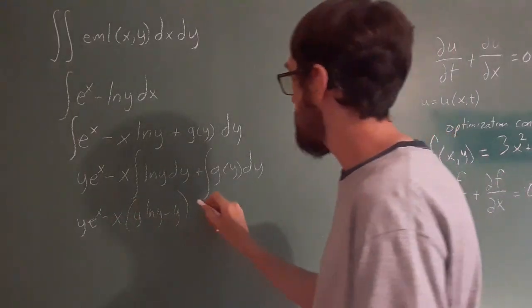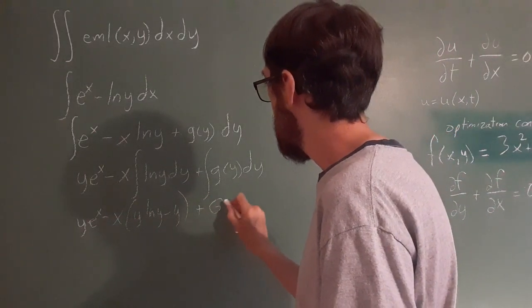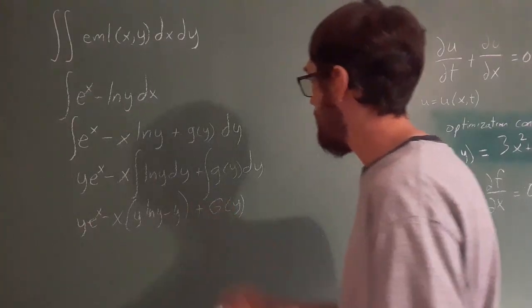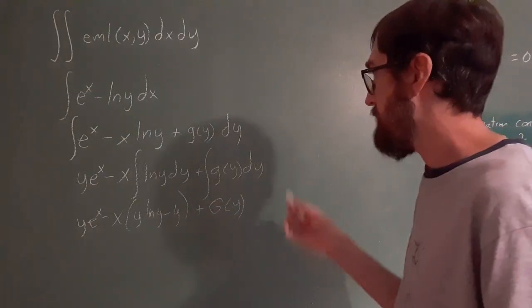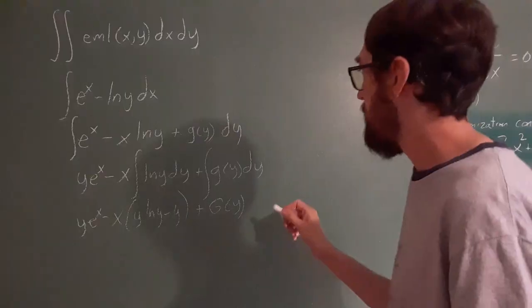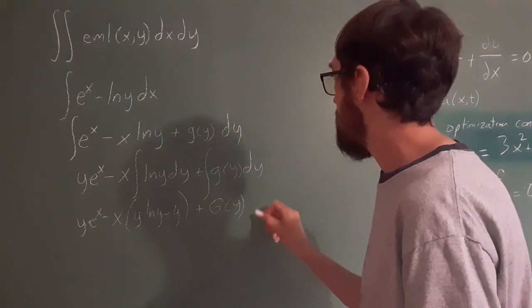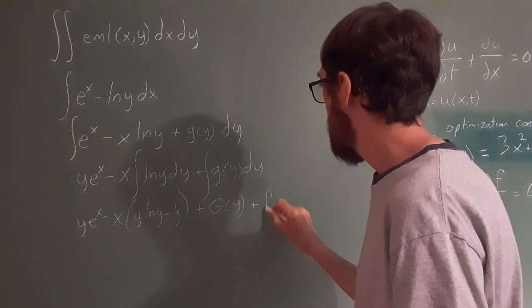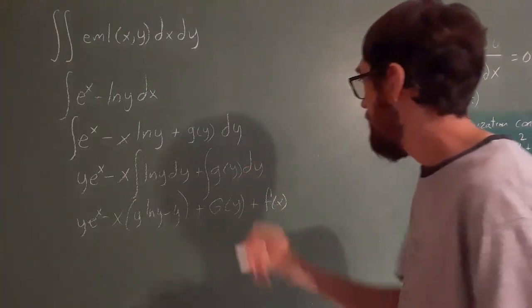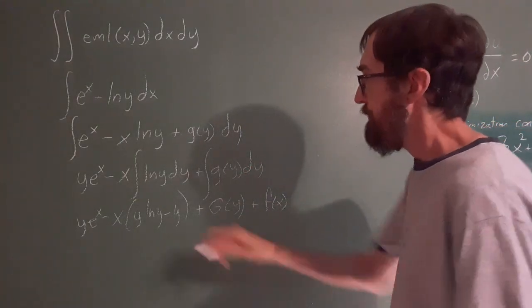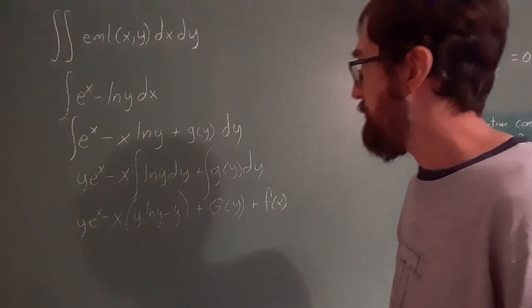Over here, this is just going to give us big G of y here, and as we finish that integration process, we are picking up a function of integration. So this is going to require distribution.